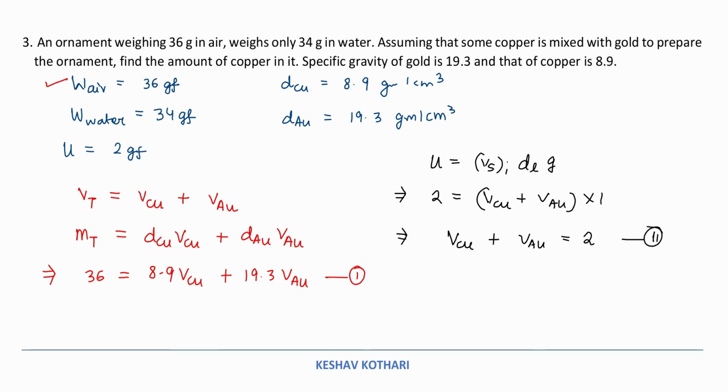Now what we need to do is solve these two equations simultaneously. So in order to do this, we can multiply the second equation by 8.9 on both sides. Then the two equations will look like this: 8.9 into volume of copper plus 8.9 into volume of gold is equal to 17.8, that is 2 into 8.9.